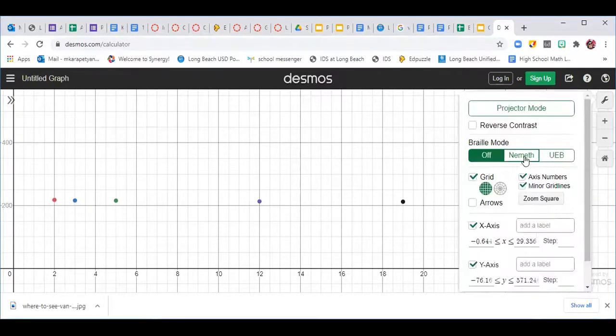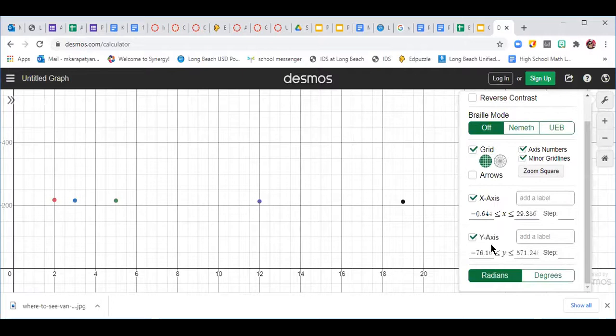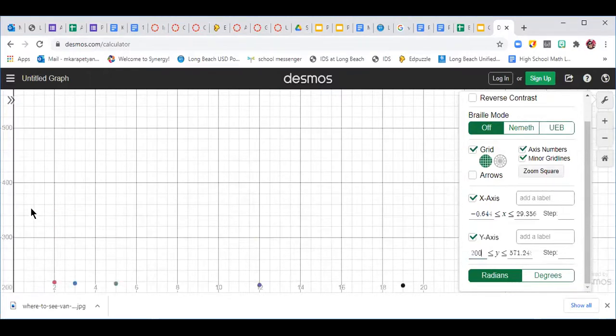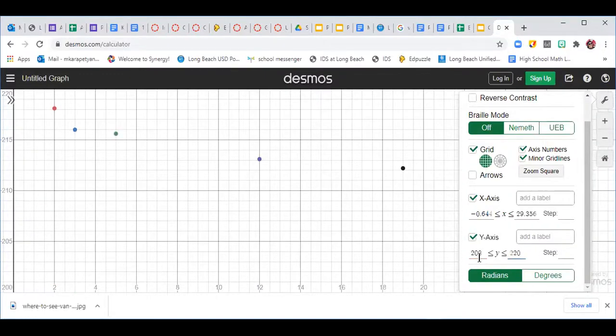So what I can do is, again, on the graph, now I can change my Y. I'm actually going to change my Y to exclude all of this that I do not need. I don't need 0 to 200 here. I'm actually going to start my Y from 200, and then I'm going to take it to 220.